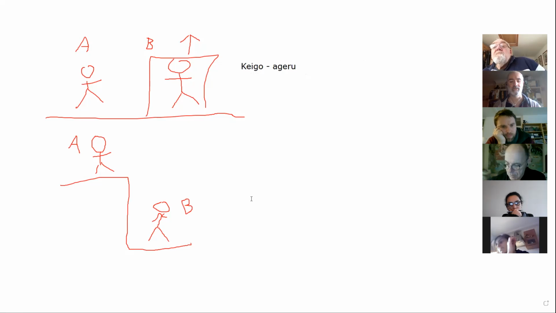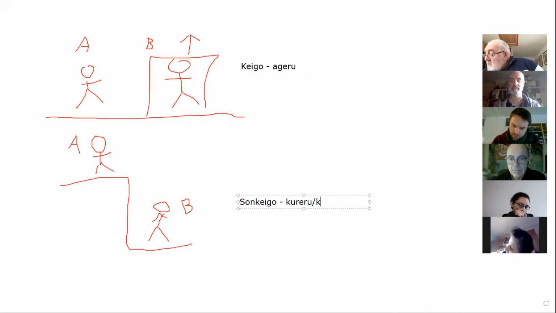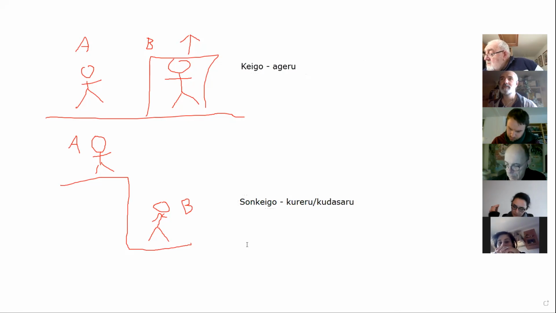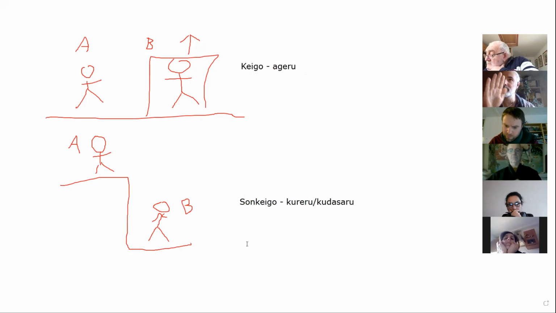And this is sonkeigo, and this is things like kureru, to pass down, or kudasaru. Okay. So elevating is fine. You can elevate, but you can't put somebody else lower than somebody else. It's not your position to do this, except for yourself.